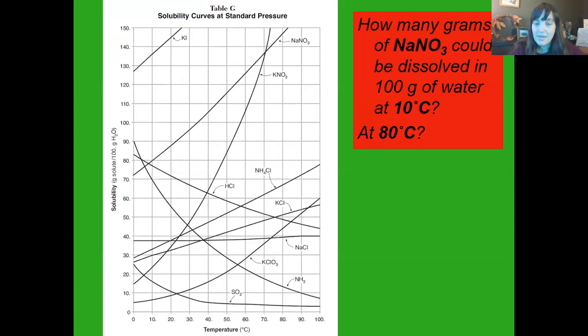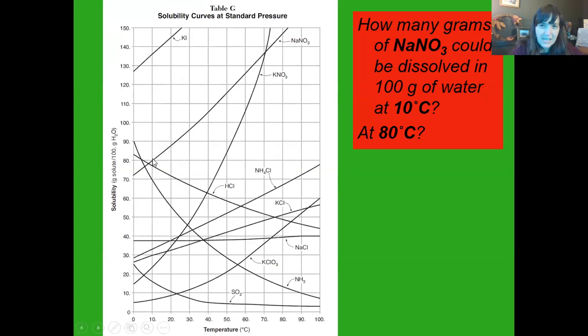All right, here's another way to read this graph, which is specifically how many grams of NaNO3, sodium nitrate, could be dissolved in 100 grams of water that was at 10 degrees Celsius. How about at 80 degrees Celsius? So here we find NaNO3. Let's go down until it intersects with, here's 10 degrees Celsius.